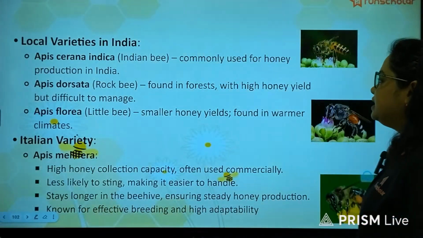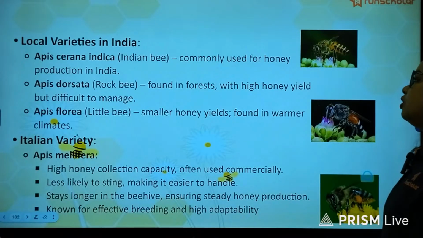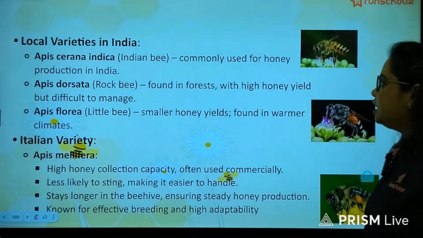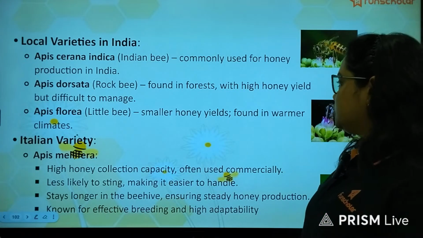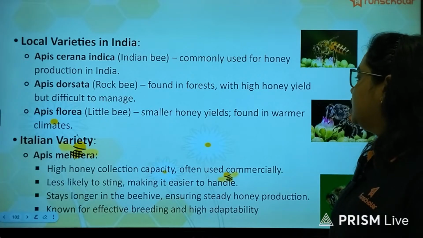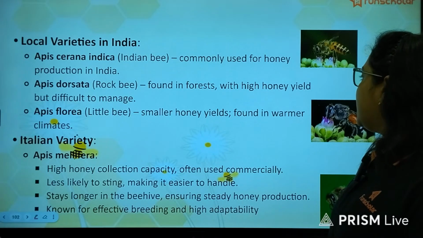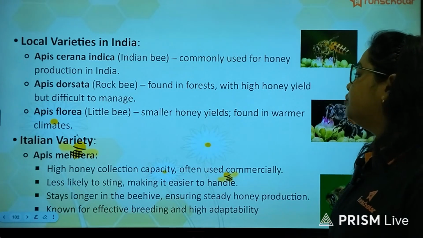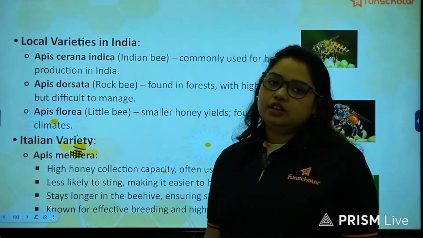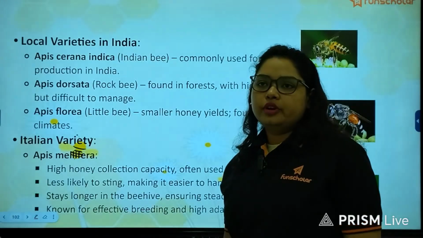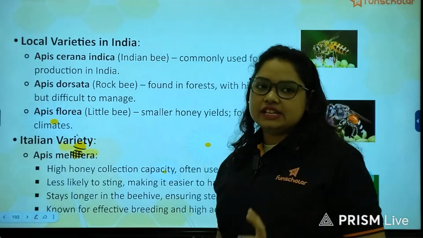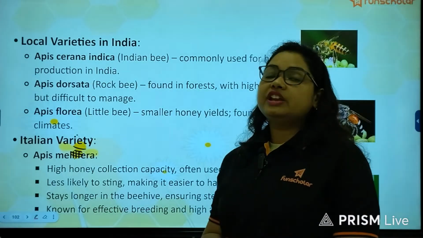Then local or Indian varieties of the honeybees include Apis cerana indica, which is used for honey production, then Apis dorsata, which is known as the rock bee, and found in forests with high honey yield but difficult to manage. Difficult to manage means some honeybees sting very much, and you cannot domesticate them very easily.